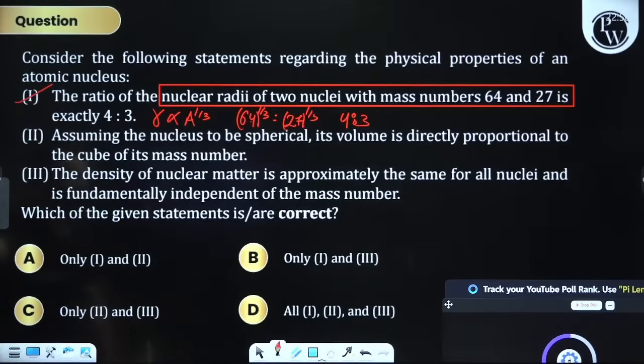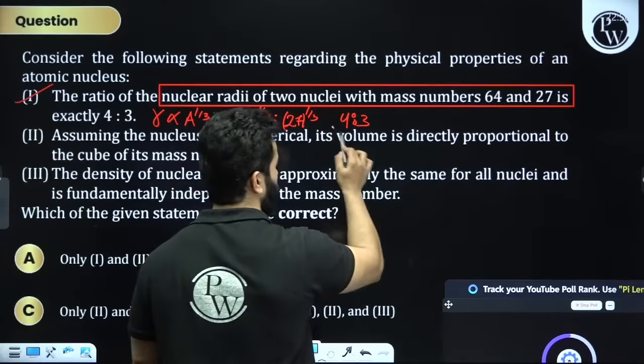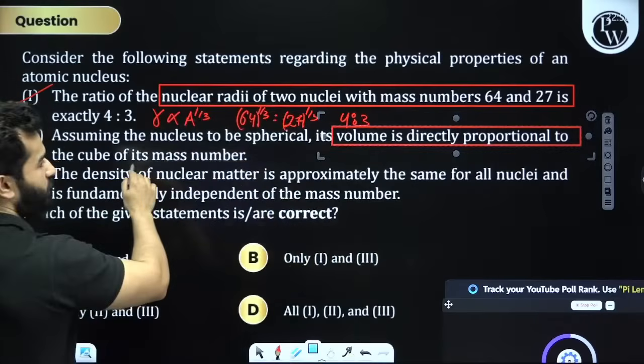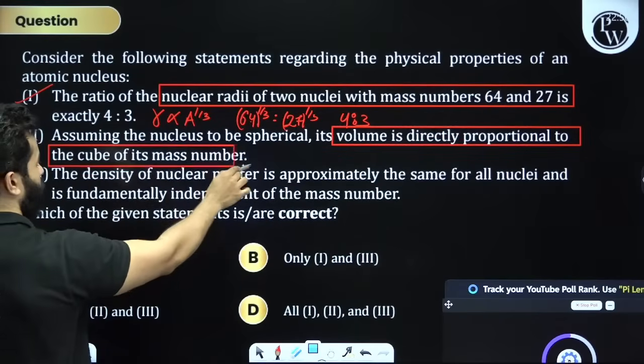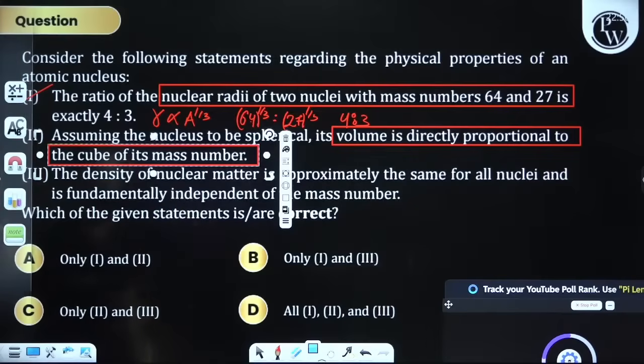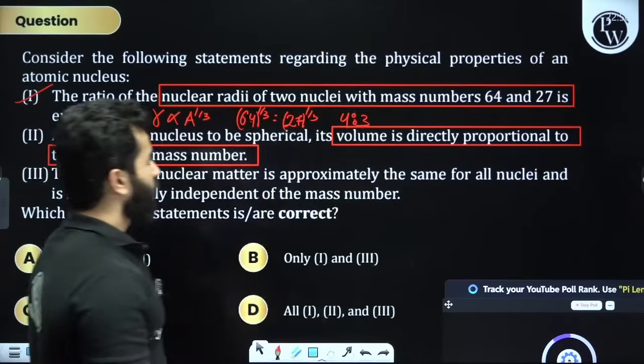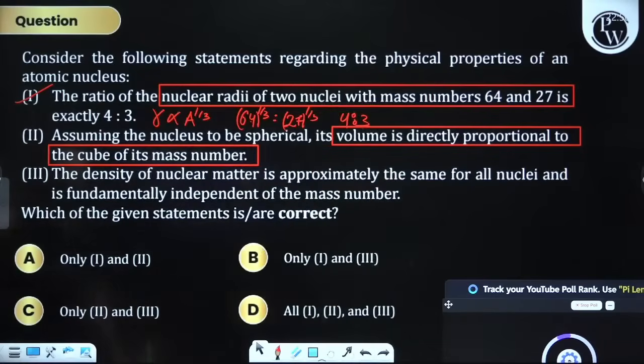Assuming the nucleus to be spherical, its volume is directly proportional to the cube of its mass number. Wrong. They are talking about volume, right?